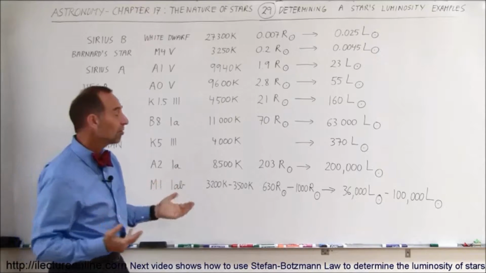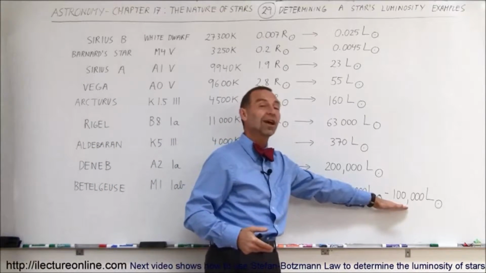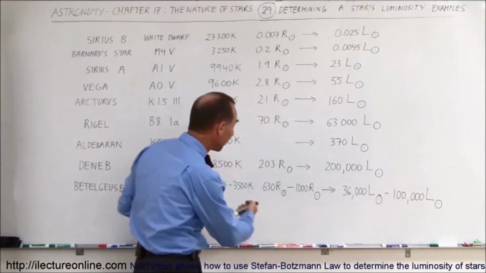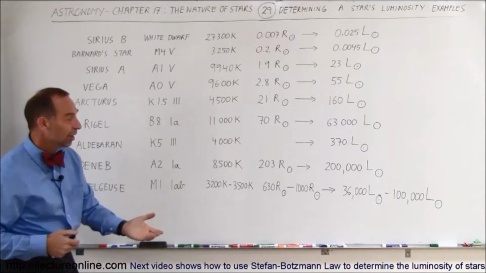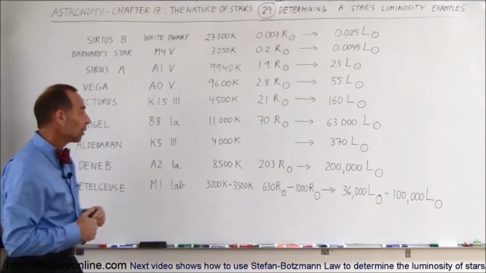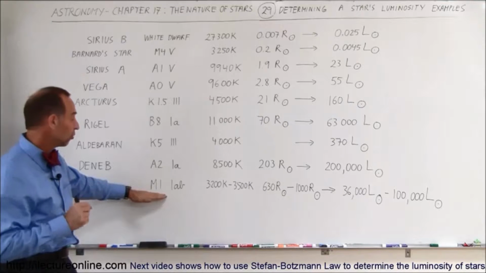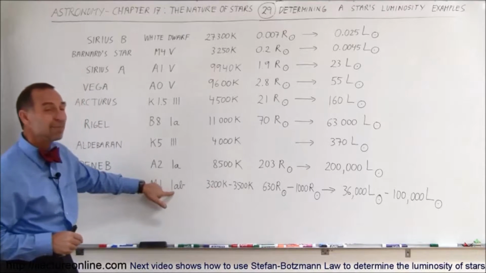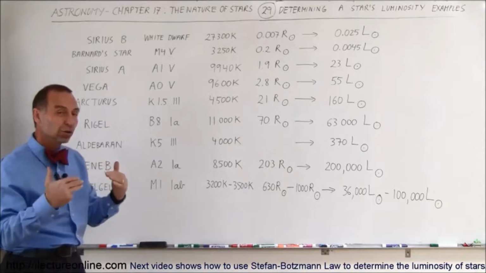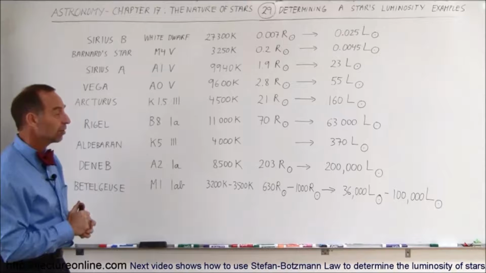So the luminosity varies anywhere from 36,000 times to 100,000 times the luminosity of the sun, depending upon which numbers you want to pick and what combination of temperature, size, and distance you want to grab. Again, Betelgeuse is an M1 star, so it's a red star, not very high surface temperature, but it's a 1AB star, meaning it's a very luminous supergiant. That's why it's so luminous compared to the sun.